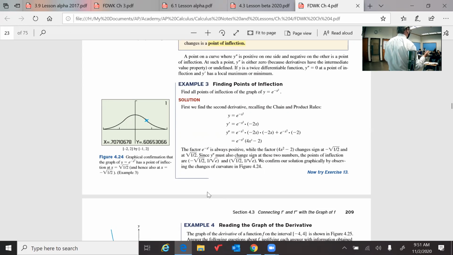The most important part of this is the sign chart. You need to understand how to use them. If you have a critical point, whether it's for the first derivative being 0 or failing to exist, or the second derivative being 0 or failing to exist, you need to confirm the sign change. College Board's all over that.